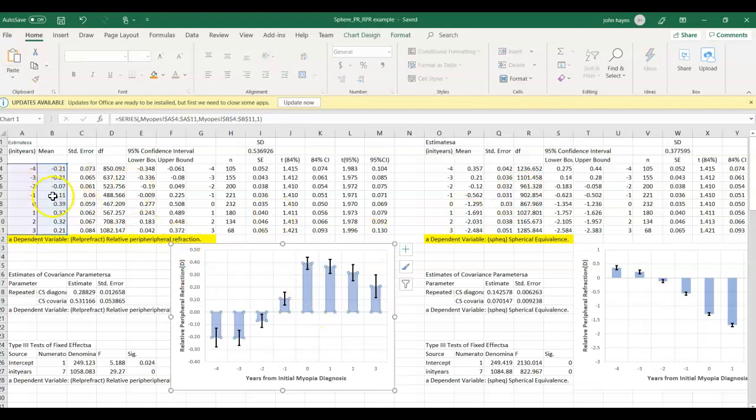The bar graph is looking at by year, the mean relative peripheral refraction. And you can see the relative peripheral refraction starts at a myopic refraction and goes to hyperopic refraction, relative hyperopic. So this is relative. This is peripheral spherical equivalence minus spherical equivalence.